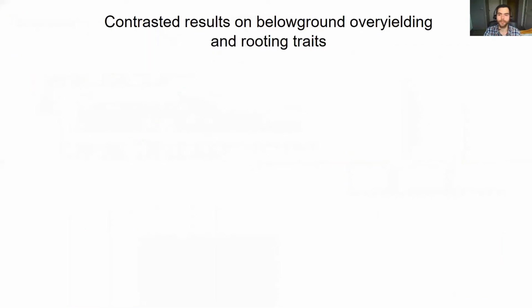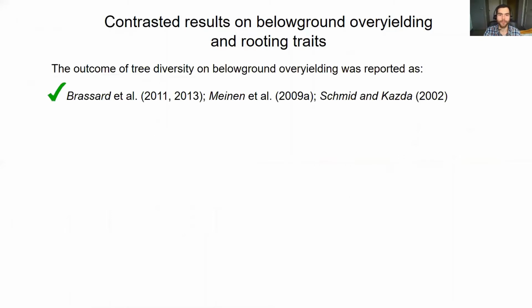Previous studies have given contrasted results on below-ground overyielding. Some studies have reported a positive outcome of tree diversity, and it was hypothesized that whenever below-ground overyielding occurred, that was due to better soil volume filling due to different root traits of the involved tree species or due to vertical root segregation.